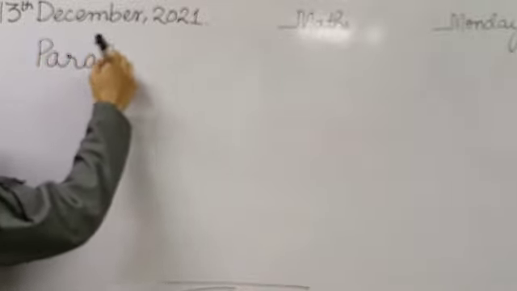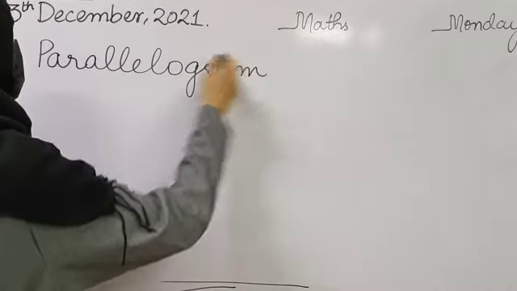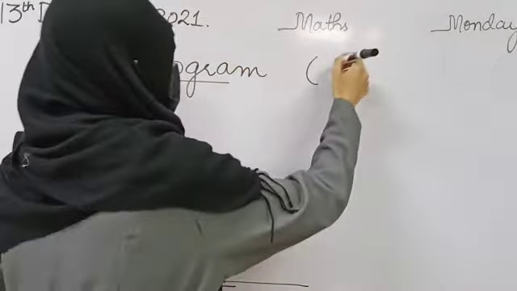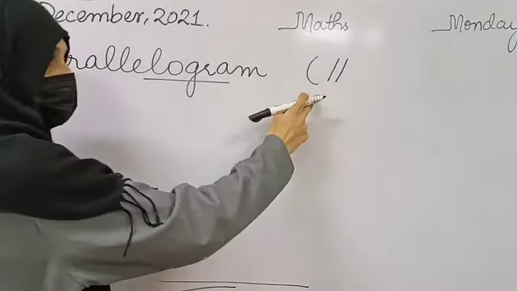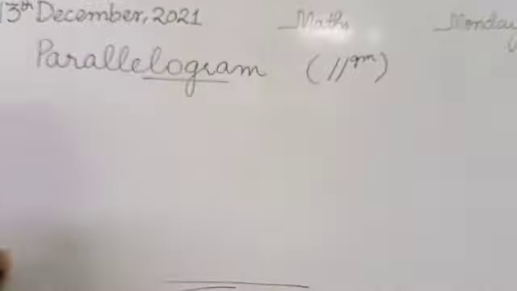Parallelogram. Name से ही पता चल रहा है what is a parallelogram? The symbol of parallelogram is like this: two parallel lines with a slant. This is the symbol of parallelogram. What is it?